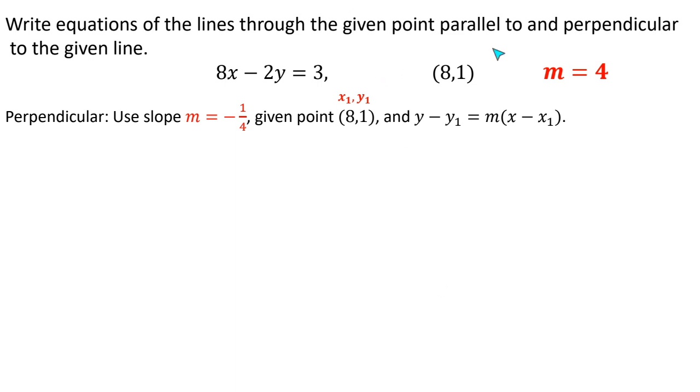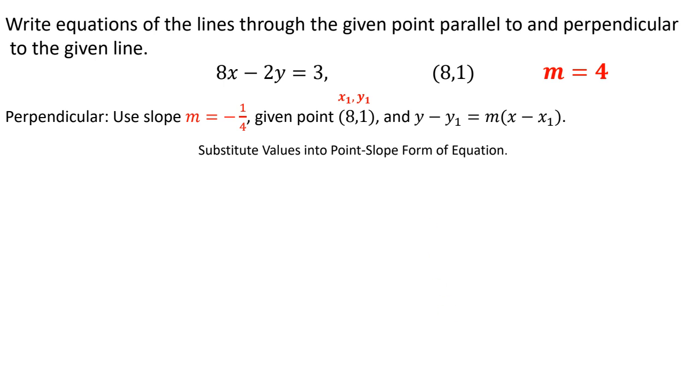Now the second part of this is to find a line that's perpendicular. The given line, the slope for that was 4, but since they want us to find the perpendicular, we're going to use the negative reciprocal, which means we're going to flip this number, which would be 1/4, and then take the negative of that, so -1/4. Then we do the same procedure, right?